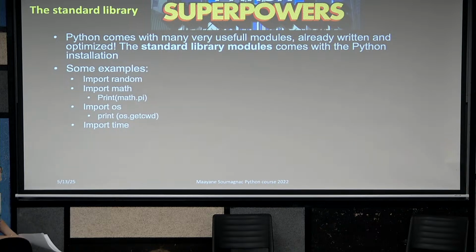So I will now give you a few examples of modules that come with the standard library and which are very, very useful. Okay, so let's give you some examples. And then after this, we will do the break and we'll talk about the NumPy library after.